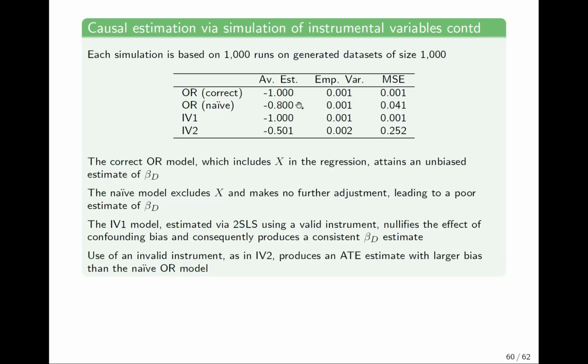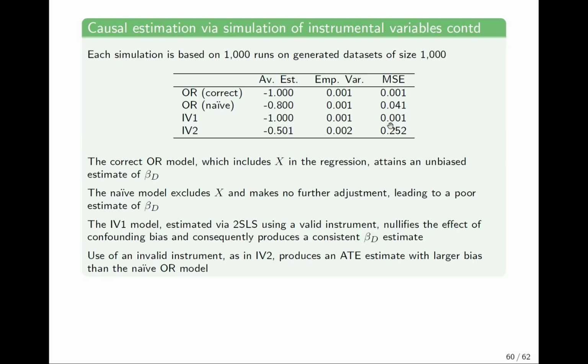The IV model estimated with two-stage least squares using a valid instrument. This IV does the job. It does what we wanted it to do. It removes the error correlation between D and U via Z. And it essentially nullifies the effect of confounding bias and consequently produces a consistent estimate of beta D. And you can see it here.